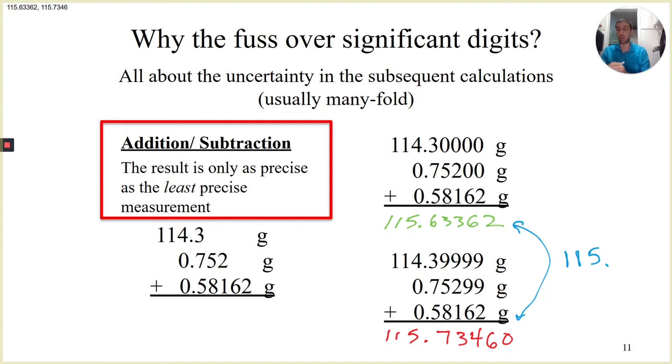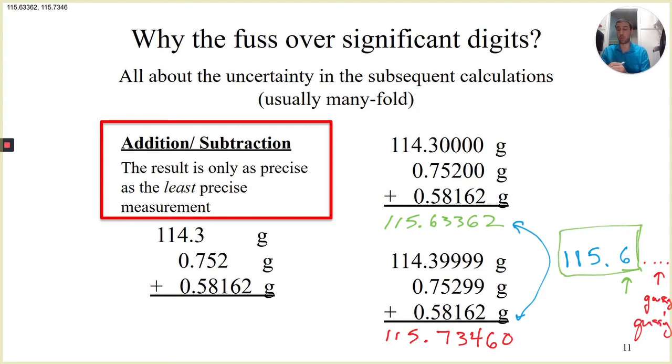We move to the tenths place, and we're now either a 6 or a 7. There's our guess. That number varied at the tenths place. Because it varies there, I'm now guessing. If I report any other numbers after that, those are guesses on guesses, and that would be bad. So I can only report out to that tenths place.